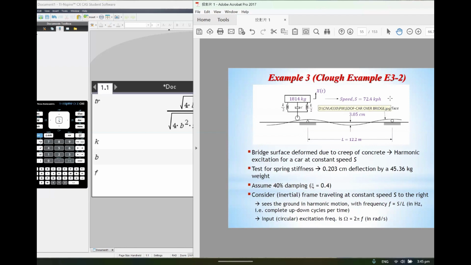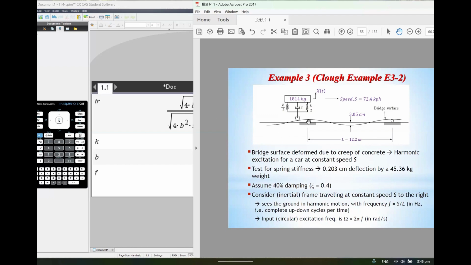Otherwise it's not inertial. So it is having a fixed height, but moving across at a speed of 72.4 kilometers per hour, which is the same as the vehicle speed. In that moving frame, what do you see?